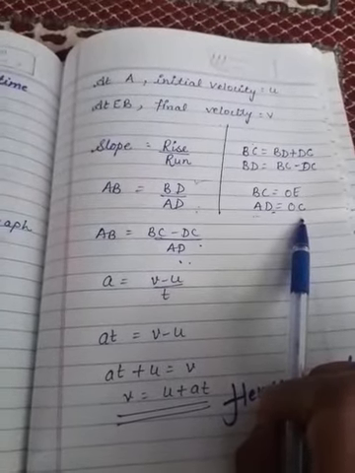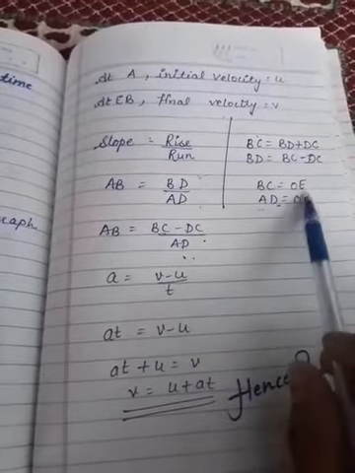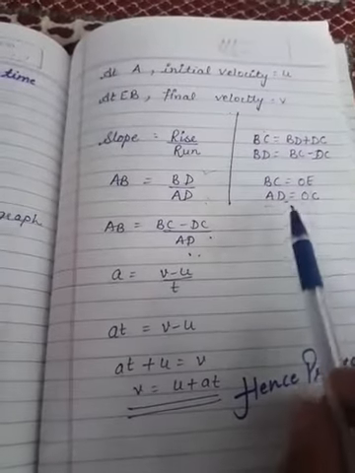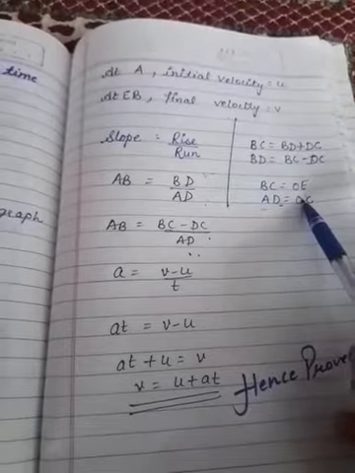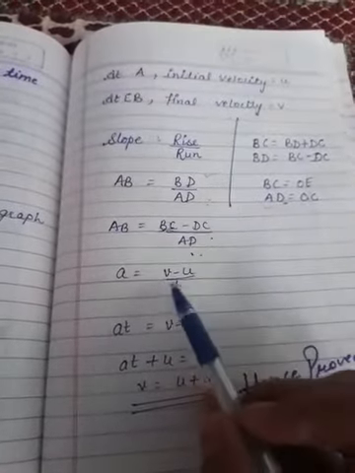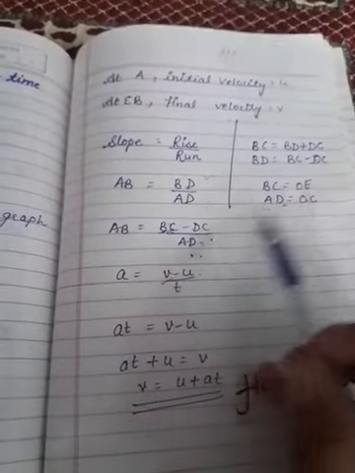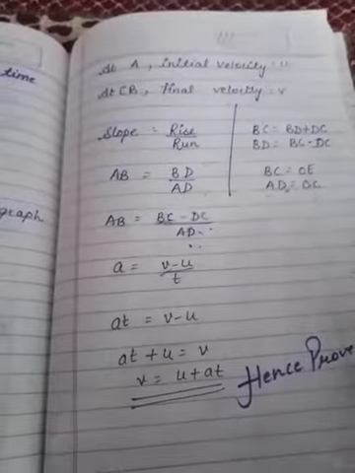So OE is the final velocity V. So in the place of BC we can write V, and DC we can write U, and AD is on our x-axis, the time axis, so we can write here T.